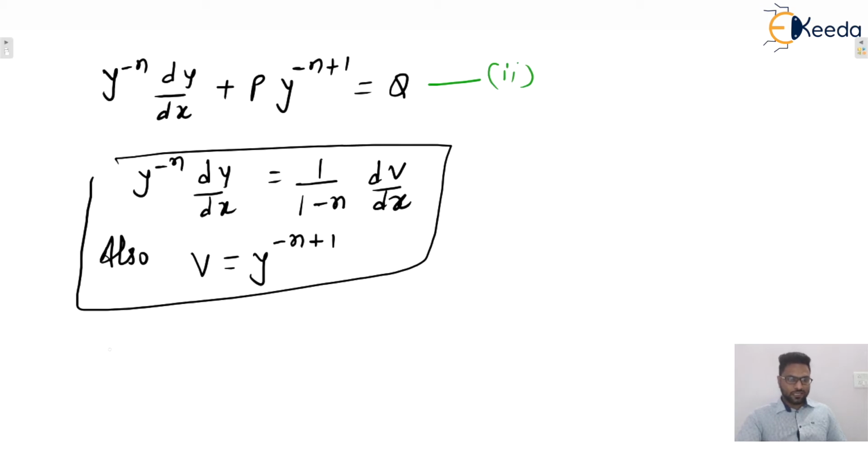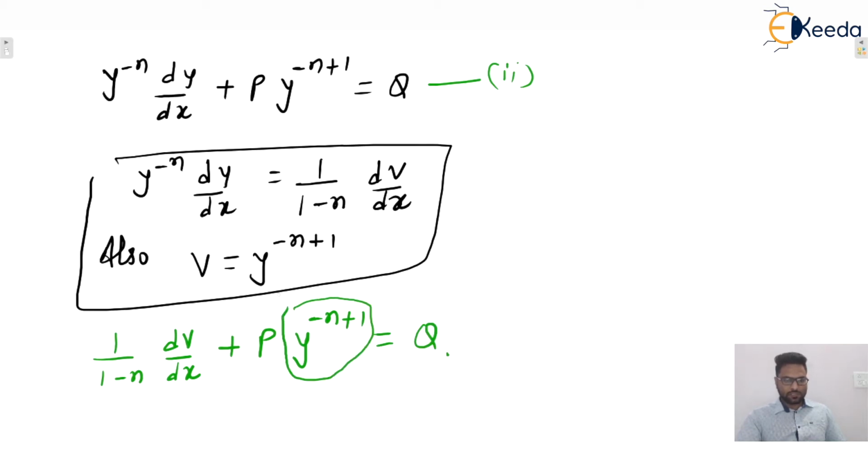The equation becomes 1 upon 1 minus n dv by dx plus p into y raised to power minus n plus 1 equals to q. This is also equal to v. So finally this equation becomes 1 upon 1 minus n dv by dx plus pv equals to q. I hope this one is clear to everyone.